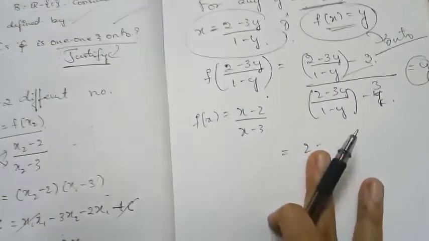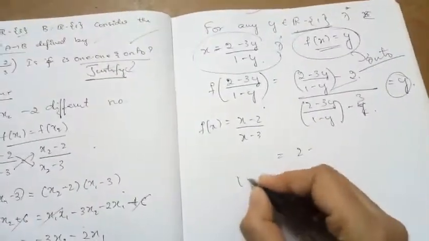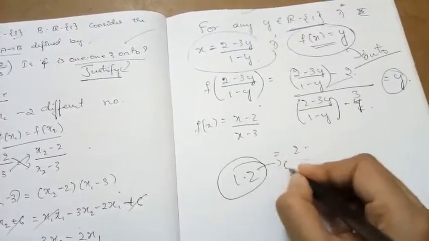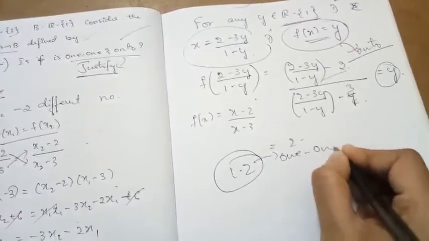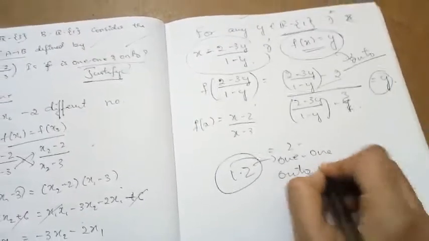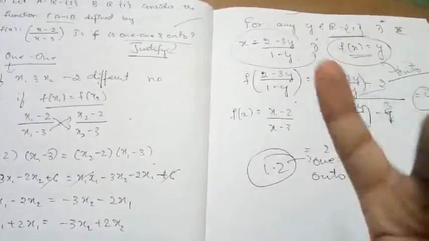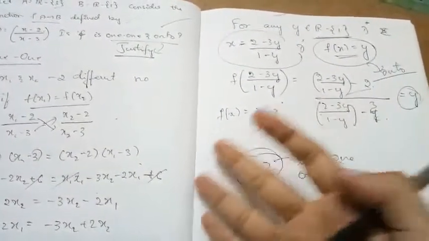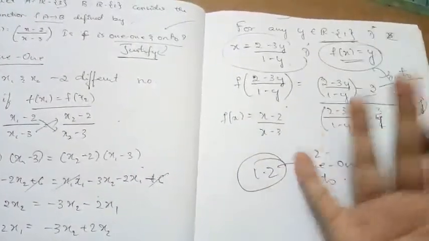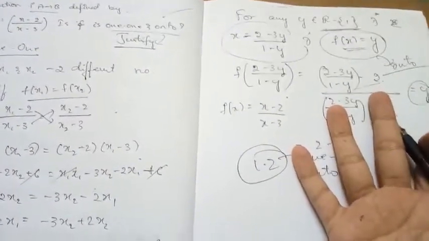So this is regarding the exercise problem in your exercise 1.2, which is based upon one-one and onto functions. Most of the problems are similar. As I said, once you understand the mapping, writing and checking for one-one and onto are very easy.